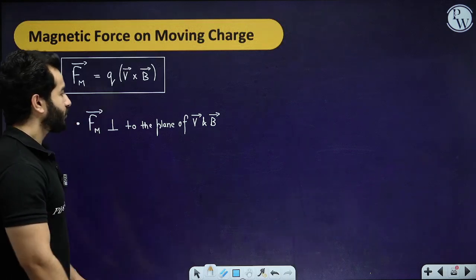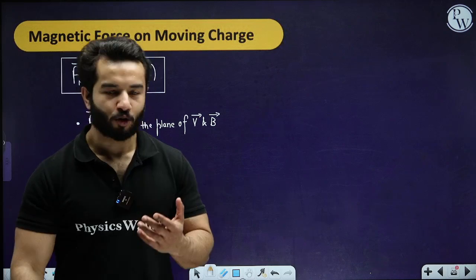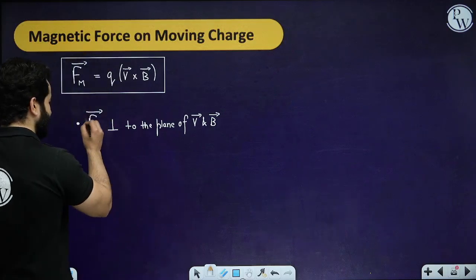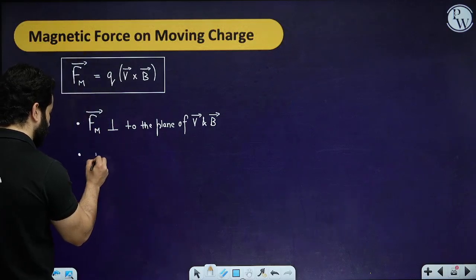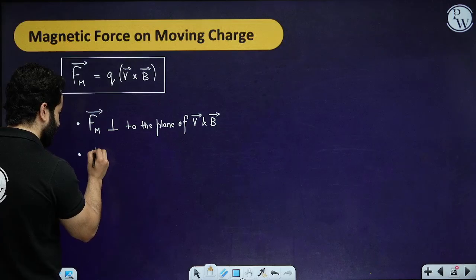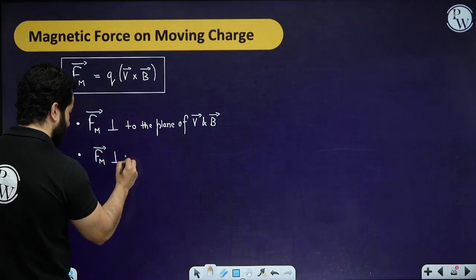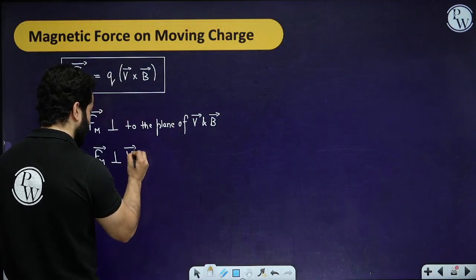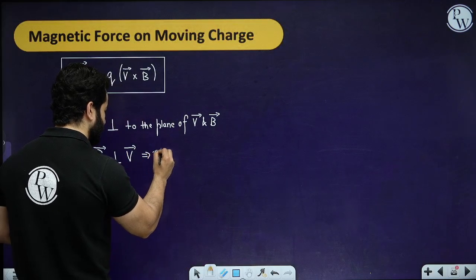All right. So magnetic force is also perpendicular to velocity and magnetic field also.